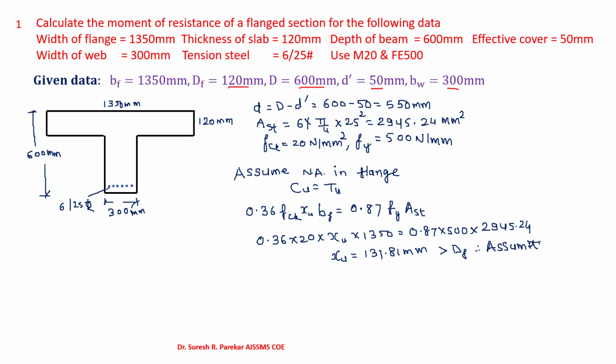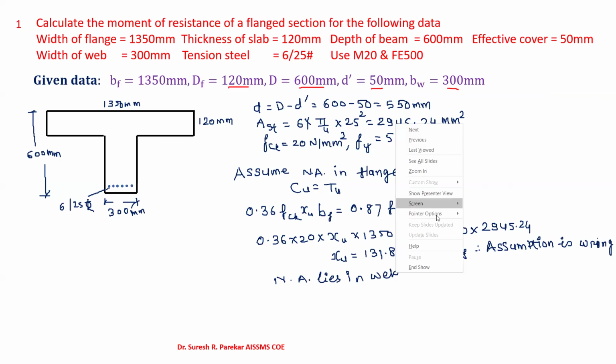Therefore, the assumption is wrong. What does it mean? That means my neutral axis lies in the web, not in the flange. Now for the web, we again have two conditions.